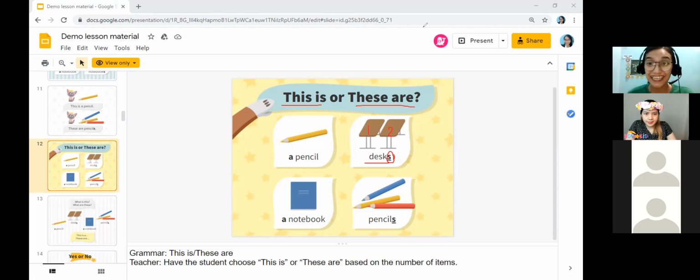Good job. These are desks. Ina. A notebook. A notebook. Very good.